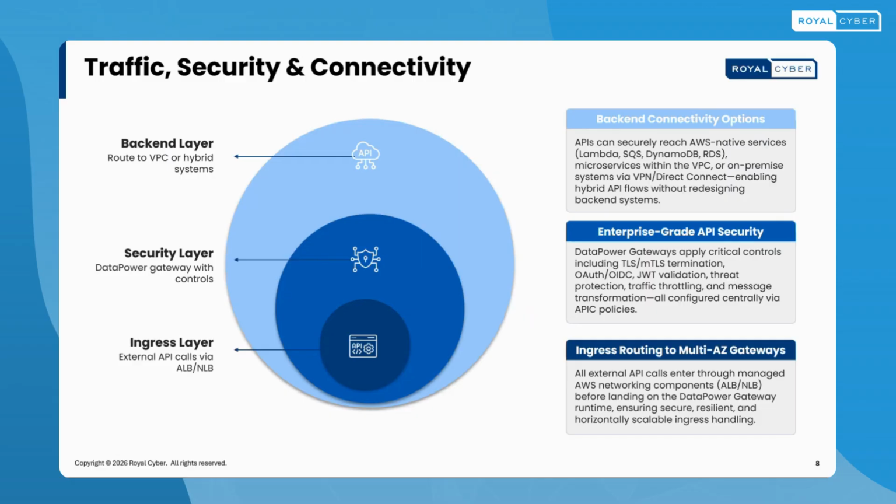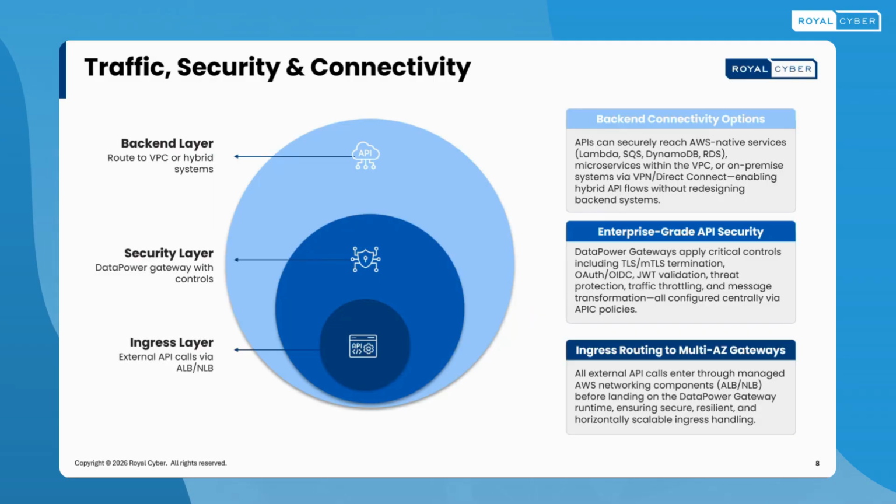Now comes the major part, the traffic, security, and connectivity, which forms the core of any integration. All external traffic enters through a managed AWS load balancer. Requests reach the DataPower gateway runtime, where TLS and mTLS termination occurs, OAuth and OIDC are enforced, JWT token validation is applied, and threat protection and throttling policies are executed.